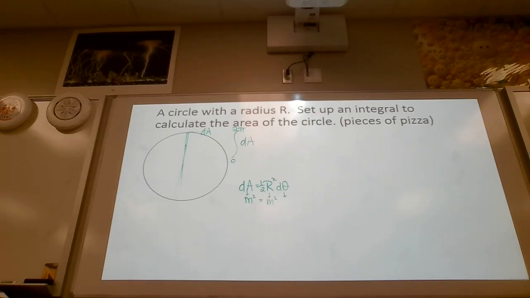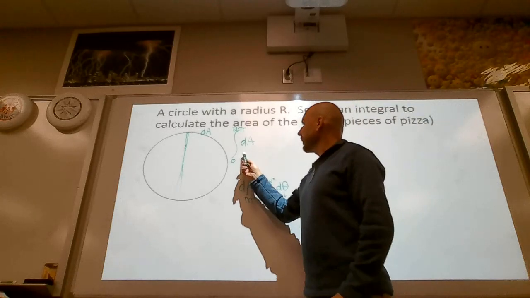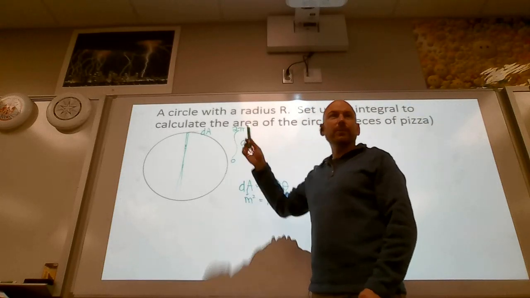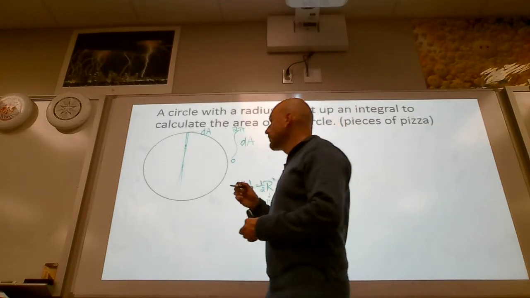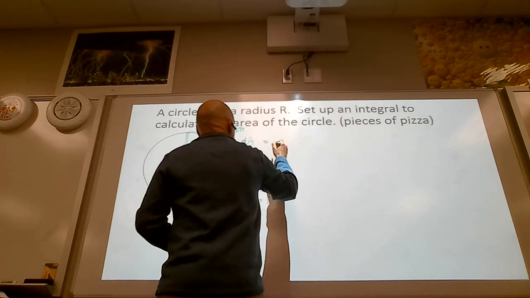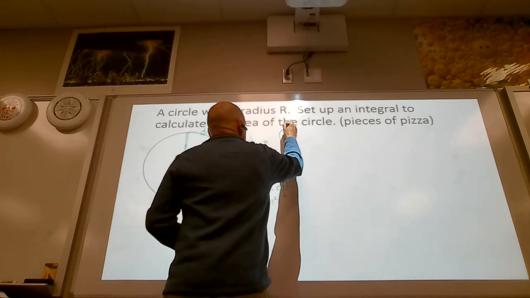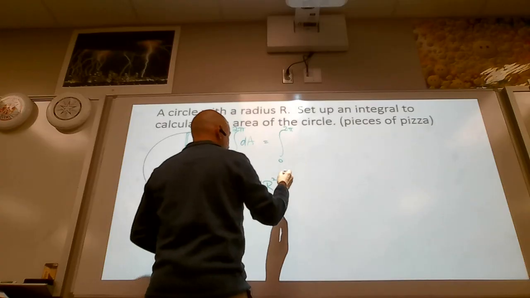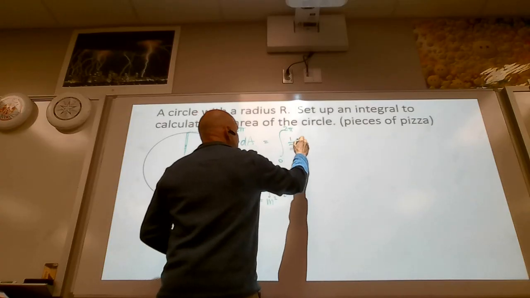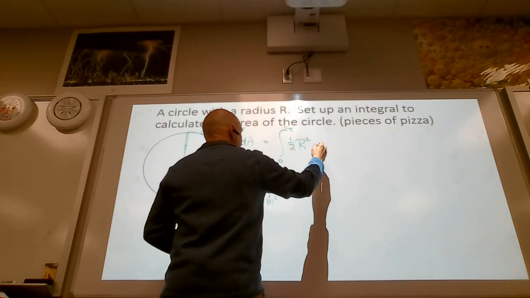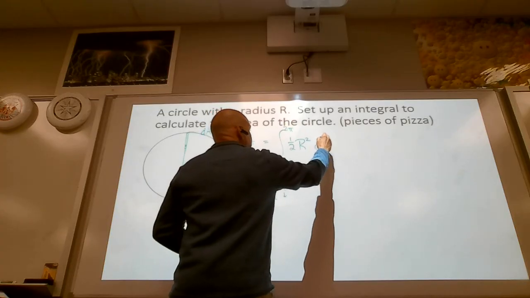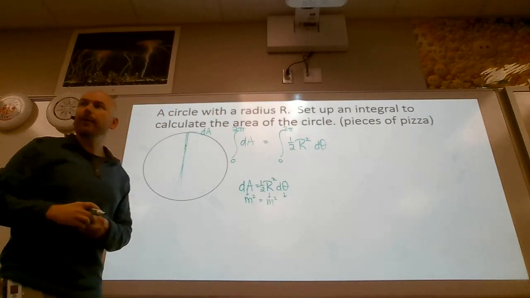You're just adding 5, 7 times. I'm adding dA infinitely many times from 0 to 2 pi. Okay? Everybody all right with that?